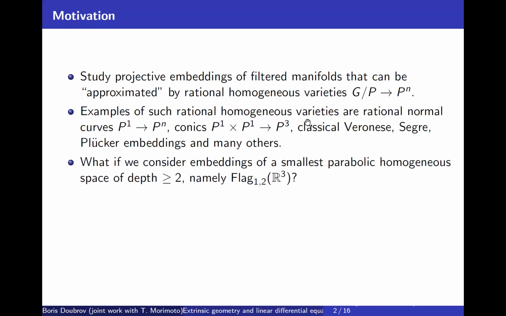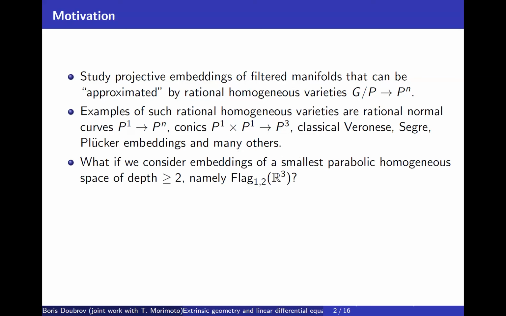Today I will speak about an attempt to describe deformations of another embedding, which will be the embedding of the full flag variety of 1- and 2-dimensional subspaces in R3.